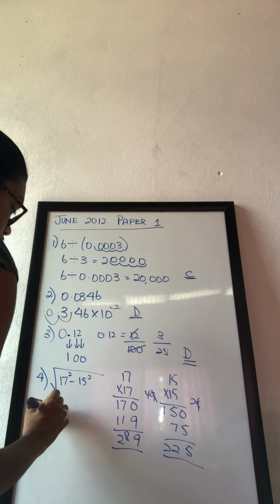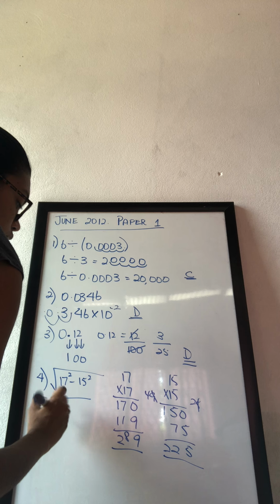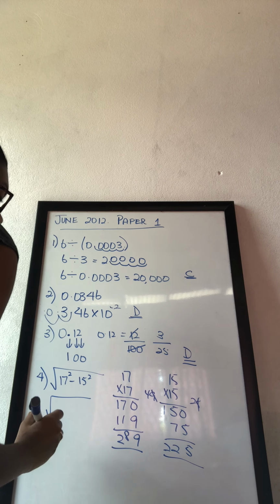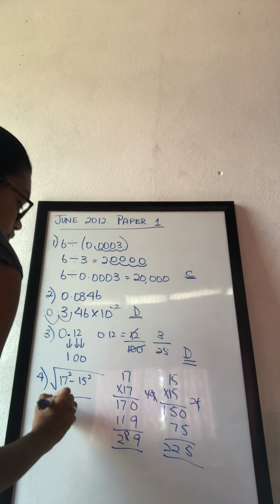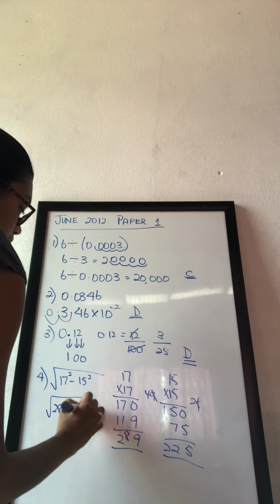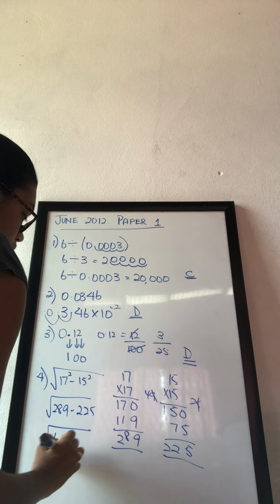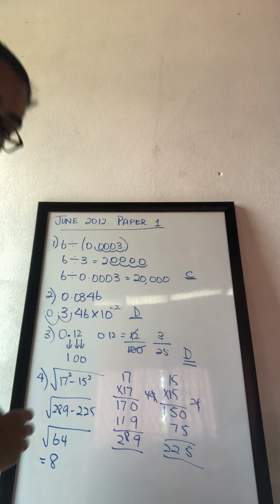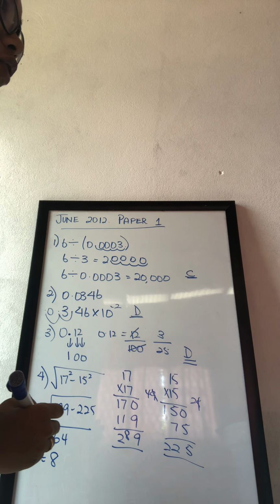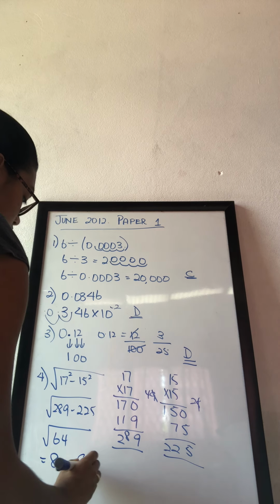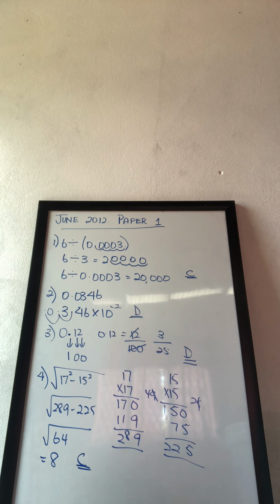Good. So we could say that the square root of 17 squared minus 15 squared is the same thing as the square root of 289 minus 225. When we subtract, we'd get 64, and we know that the square root of 64 is 8. Good. So the answer for that would be C. Now feel free to pause the video and go through these wherever you don't understand, and make sure that you get the answers right.